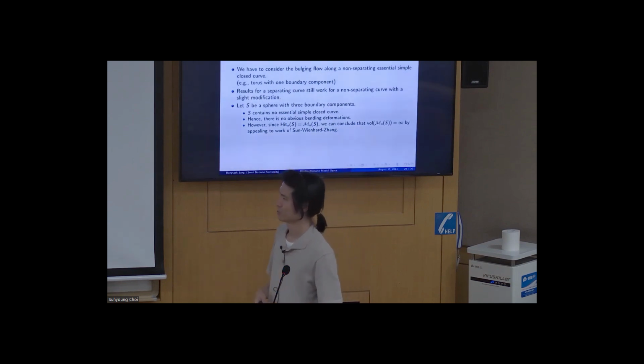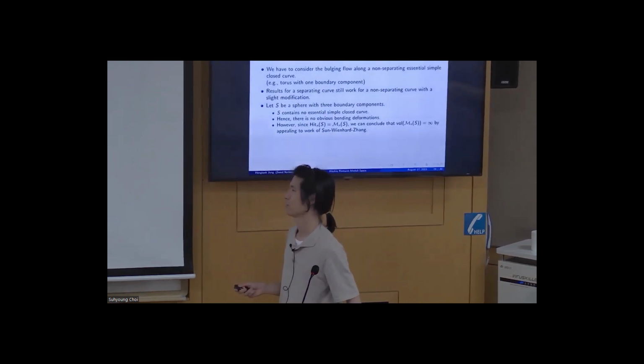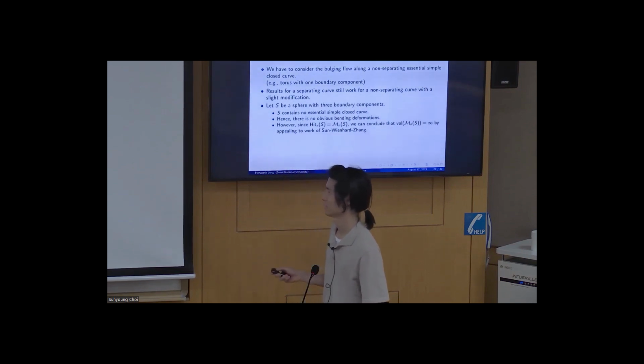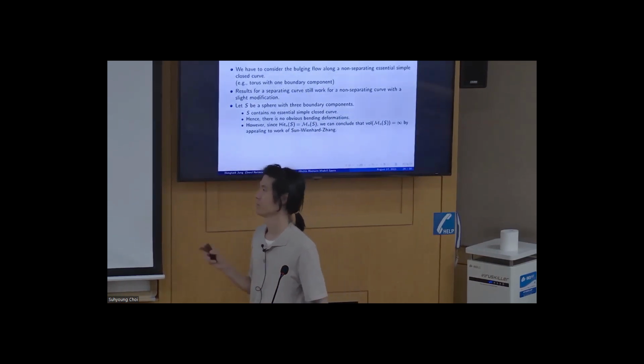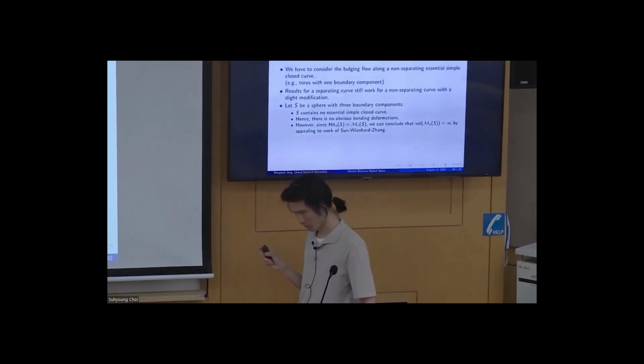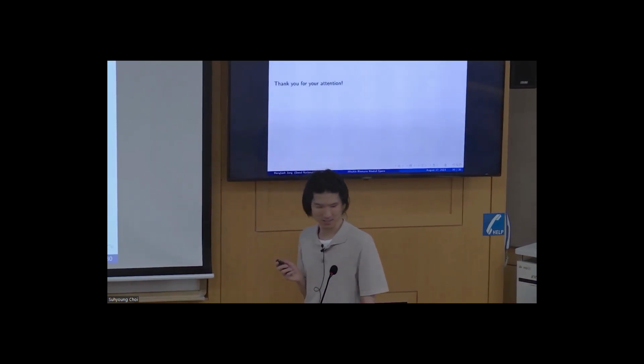So if you compute the volume, it must be infinite. So that completes the proof of our main theorem for all surfaces with negative Euler characteristic. Okay, that's the end of my talk.